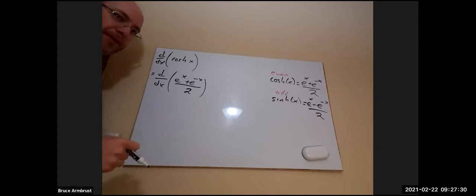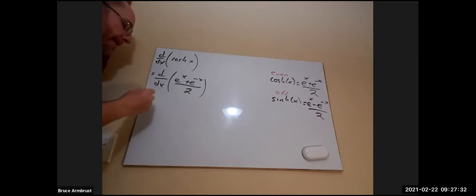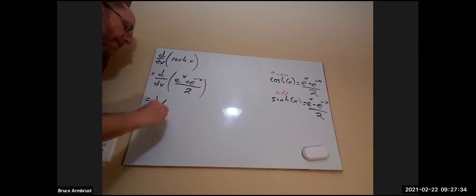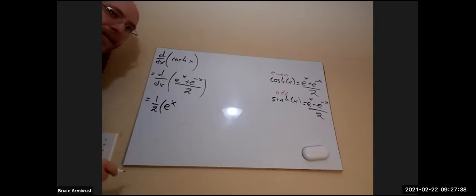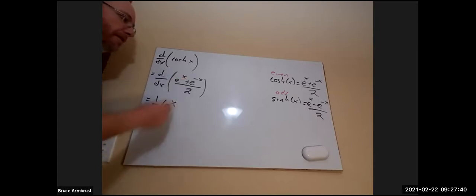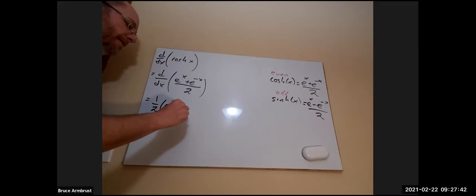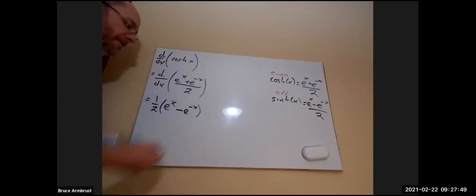But we can do this pretty easily. The 1/2 is a constant multiple. The derivative of e to the x is e to the x. The derivative of e to the minus x is going to be e to the minus x times the derivative of negative x, which is -1.